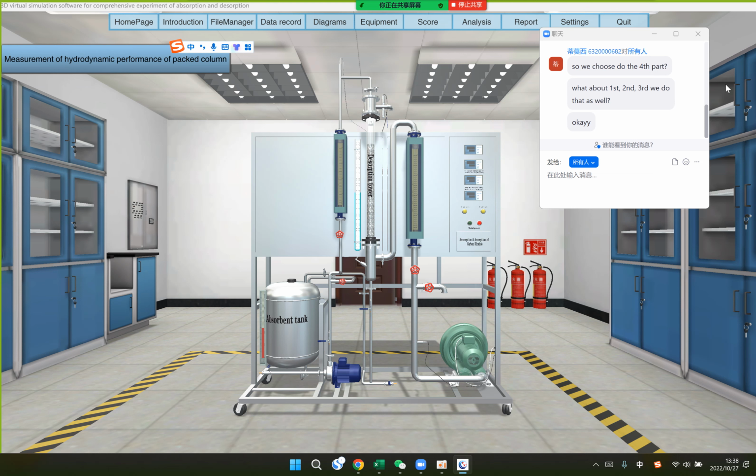So we have to find how we determine the mass transfer coefficient for this device, because absorption is a kind of mass transfer, with the carbon dioxide transferring from the gas to the liquid.